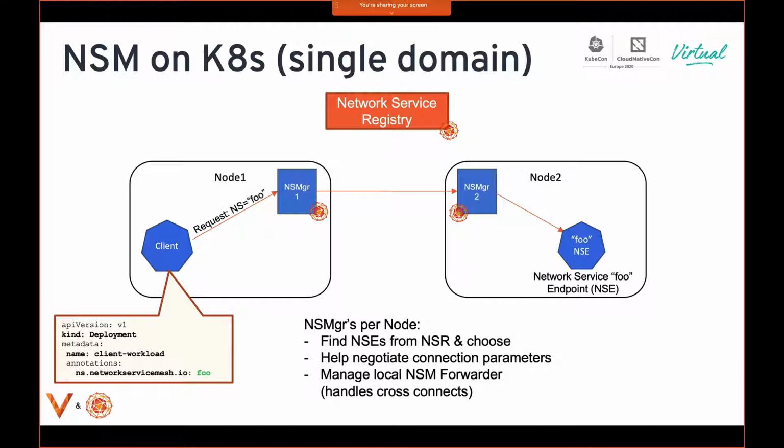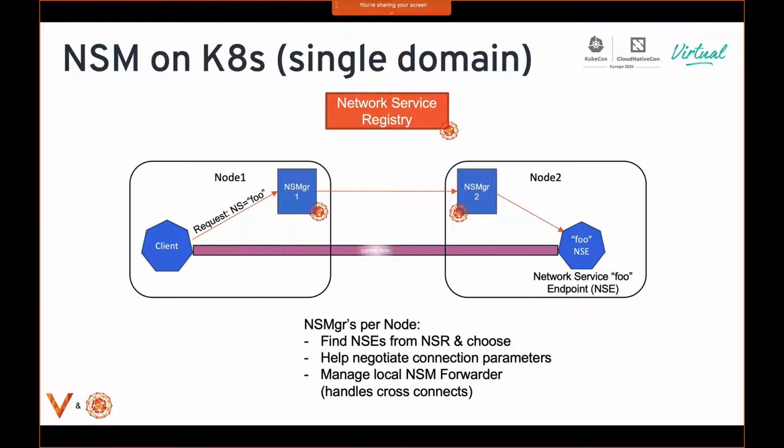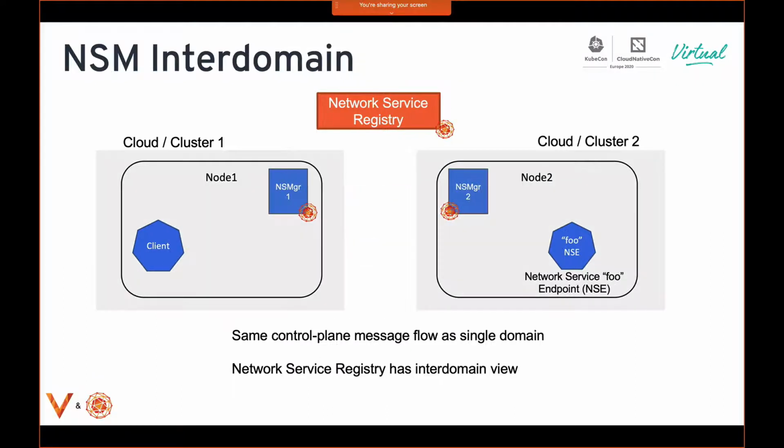You can see there's no centralization here. The central component is the network service registry, and that is really just pointing at available network service endpoints. So when we go interdomain, you can see how this model extends, because the same idea can be used to carry out the connection across domain boundaries or cluster boundaries.